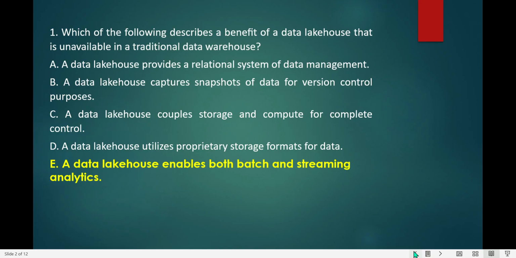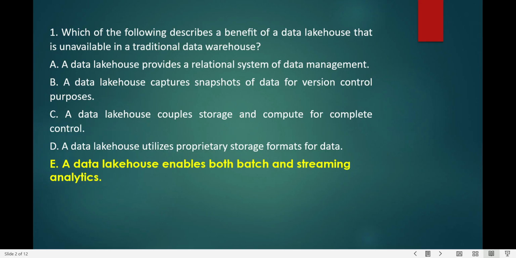Coming to option E, data lakehouse enables both batch and streaming analytics. This is a unique benefit of the data lakehouse. Data warehouses were traditionally optimized only for batch processing.